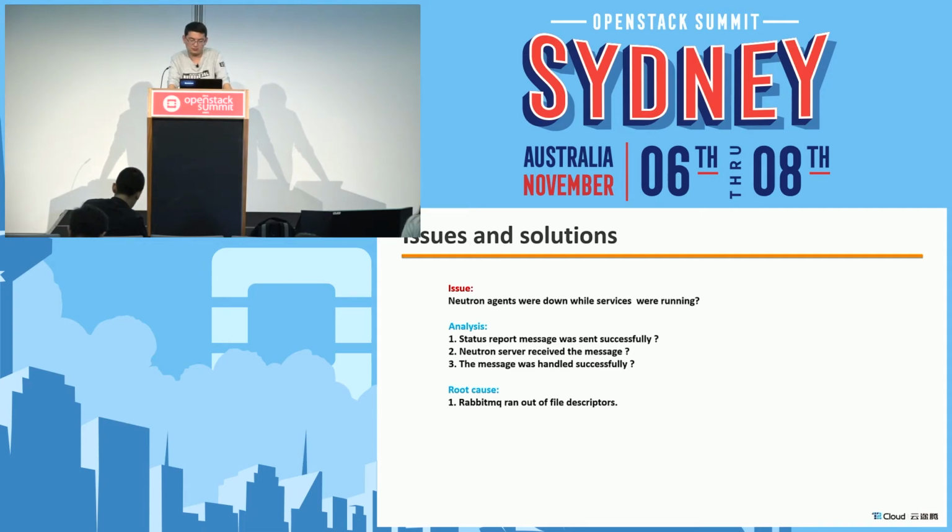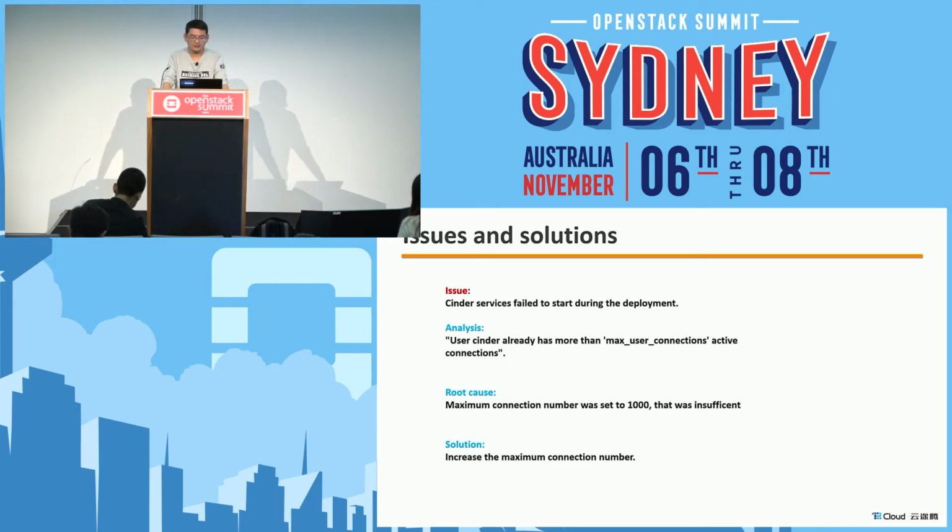From RabbitMQ's log, we found that it had run out of file descriptors. The default number of file descriptors was 1024. It is insufficient, and the solution is to increase the number of file descriptors for the system and for RabbitMQ server.